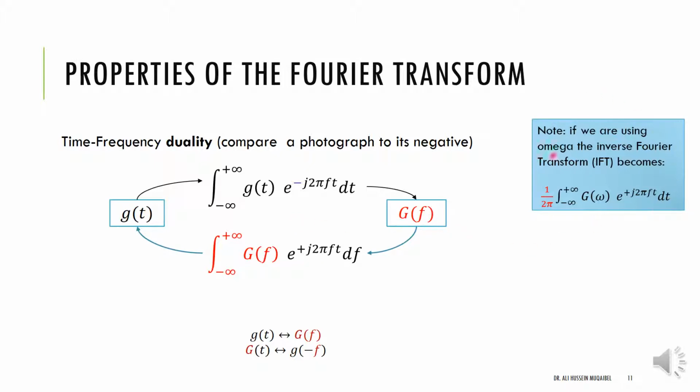Now, once more, another note: if we are using omega, the inverse Fourier transform will have a scale of 1 over 2 pi, because the df is related to d omega by 2 pi. Now, if you want to avoid confusion, just stick to your book notation, and then you will learn the difference as we go on. So in our case, we'll just stick with f.